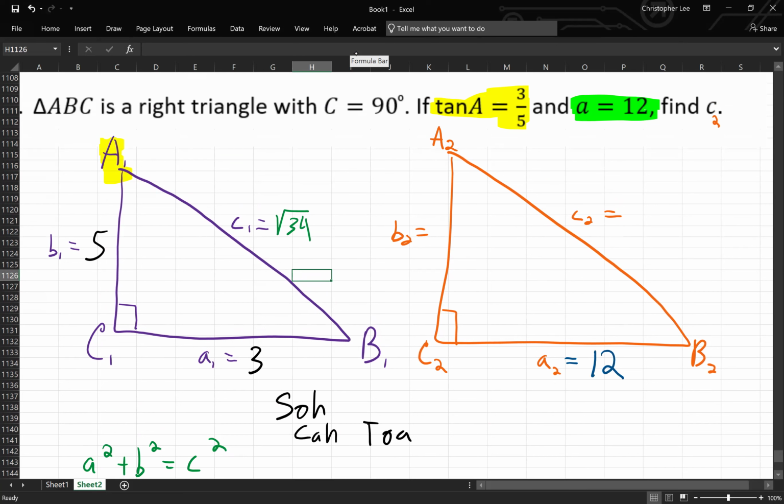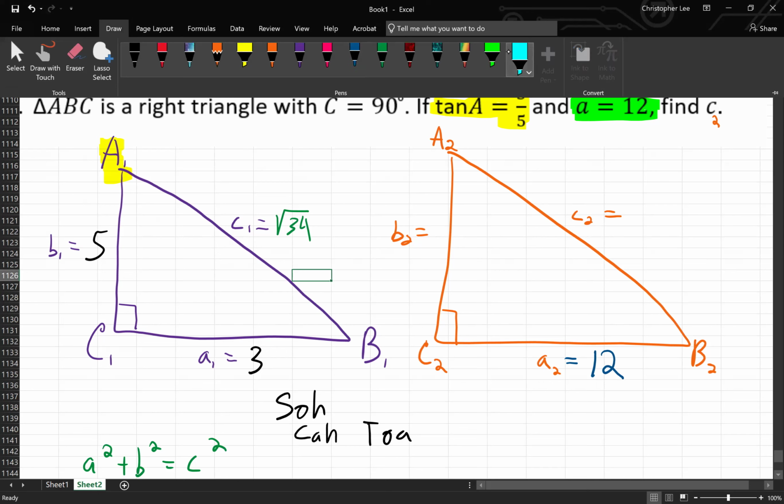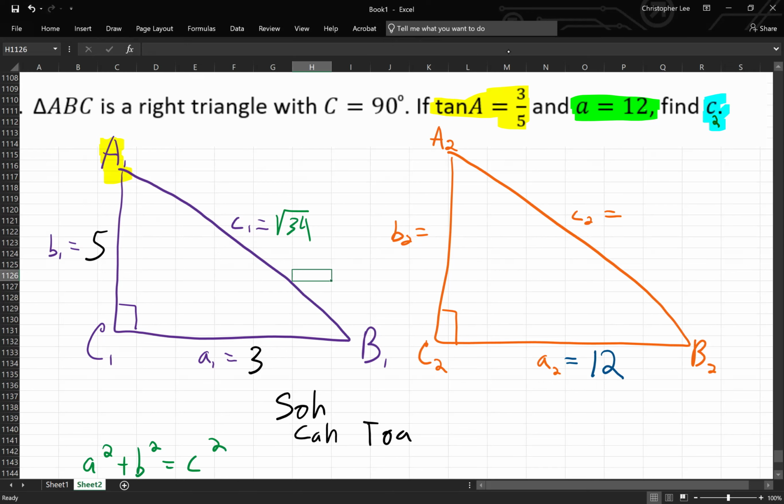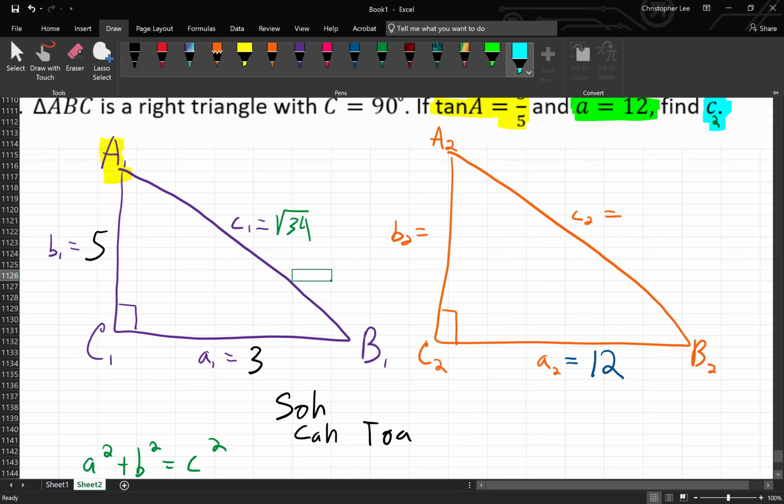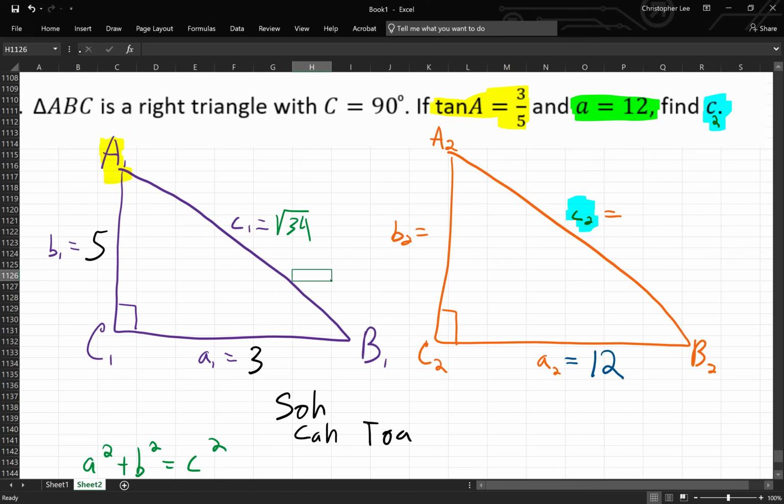I want to figure out what is C. That's my goal, my end game. More specifically, the C I'm looking for is this C, the answer for here.